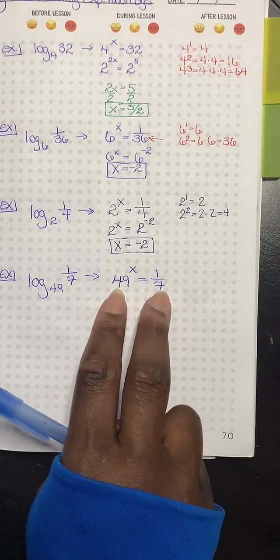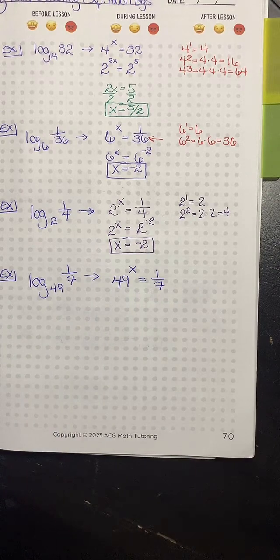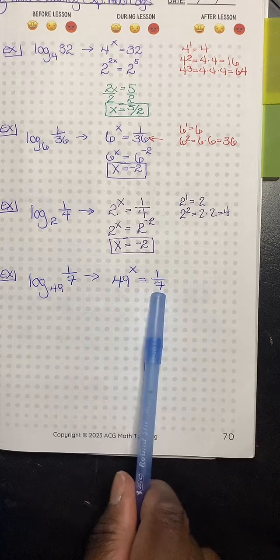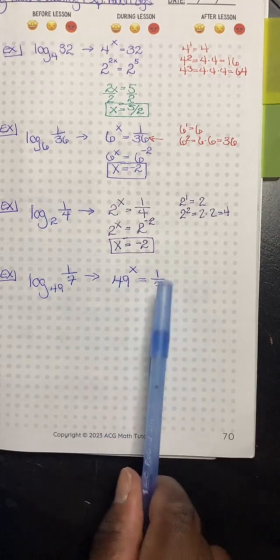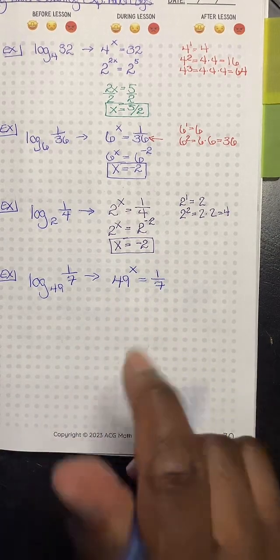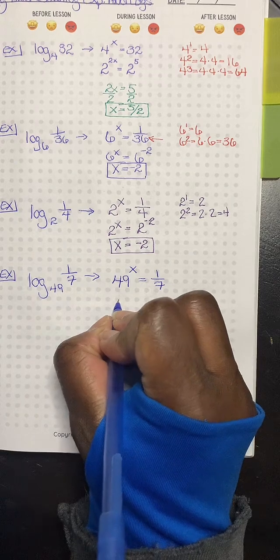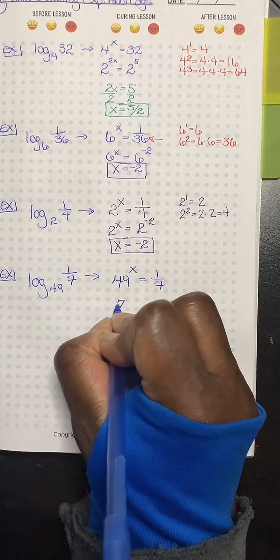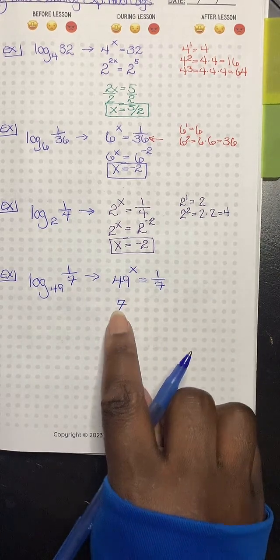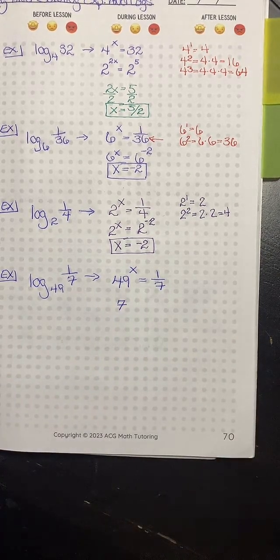So I'm seeing some multiples of 7s happening. So why not change these two into having the same base? So when I look at this, that 49, let me change it to 7 to the what power? 7 to the what power will give me 49.